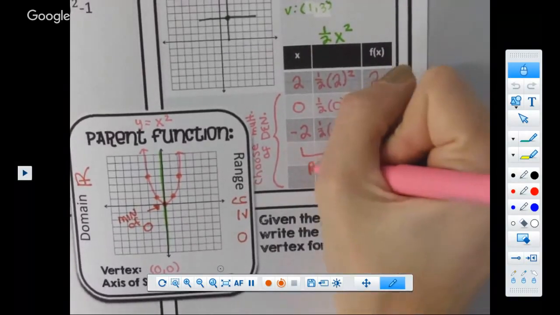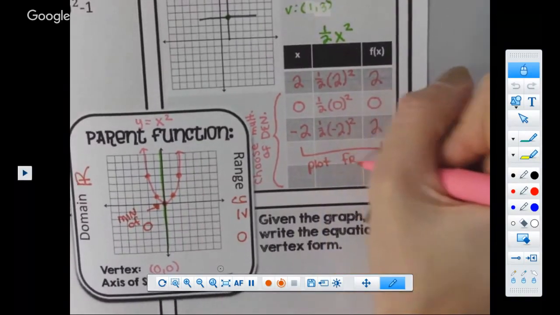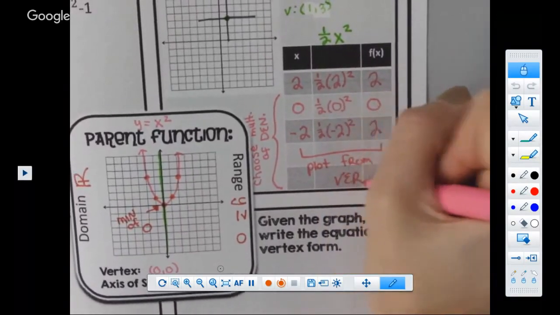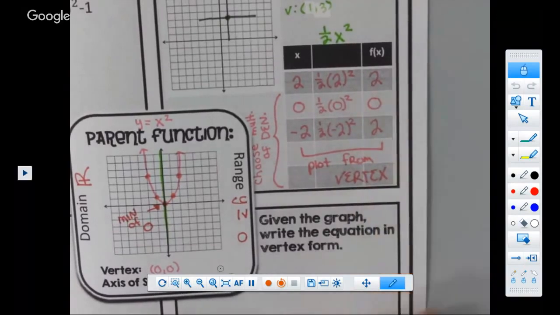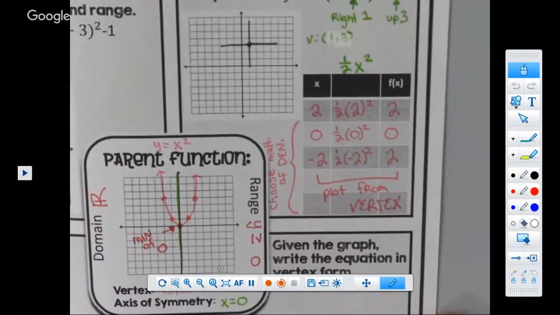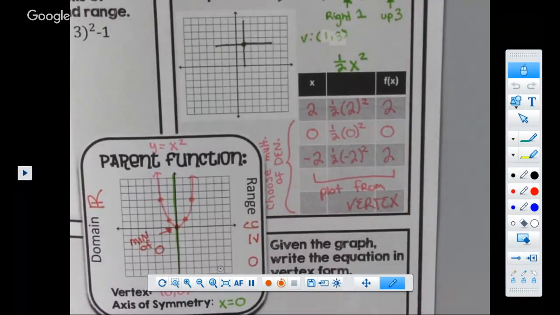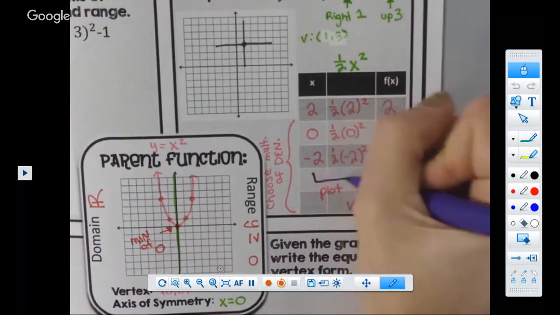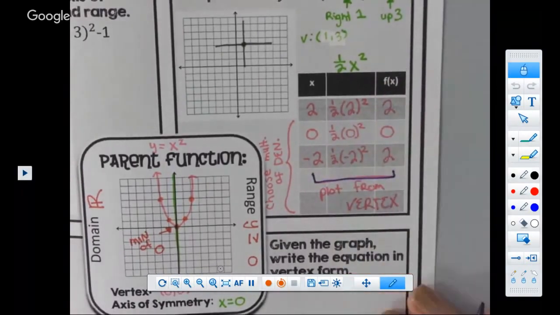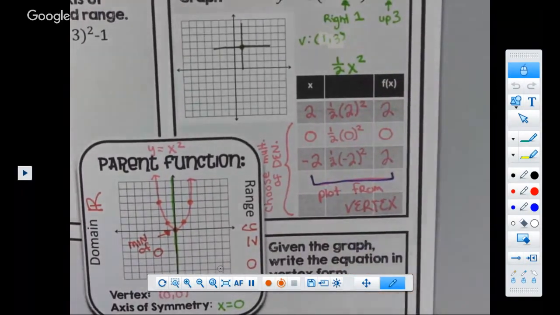We are going to plot these points from the vertex. We're going to actually plot the point 2, 2. Recognize that? We're going to go to the vertex. So I want you to hover your pencil over the vertex. I want you to plot 2, 2, but the vertex is your center. Where are you going to end up?